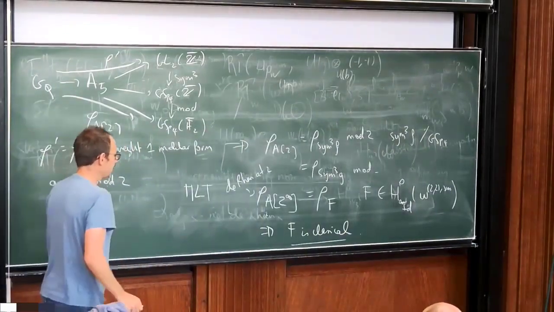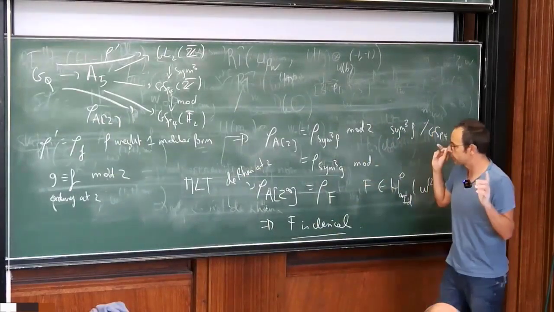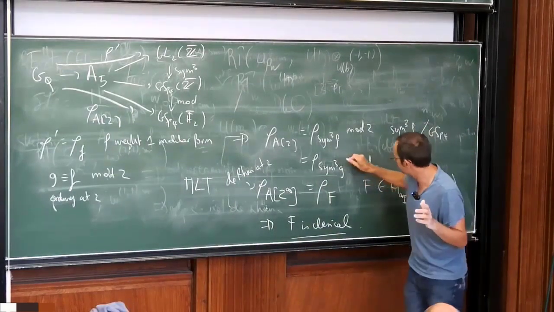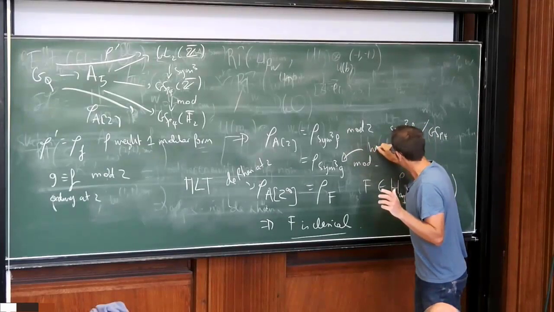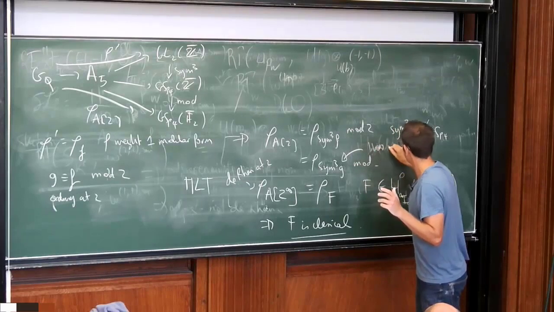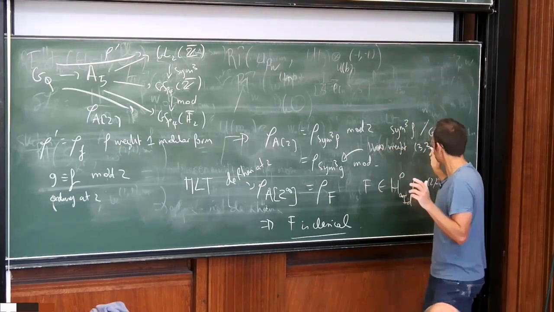Also, there's really a difficulty here, which is that the sym cube of G has weight 3, and not 2, 2.